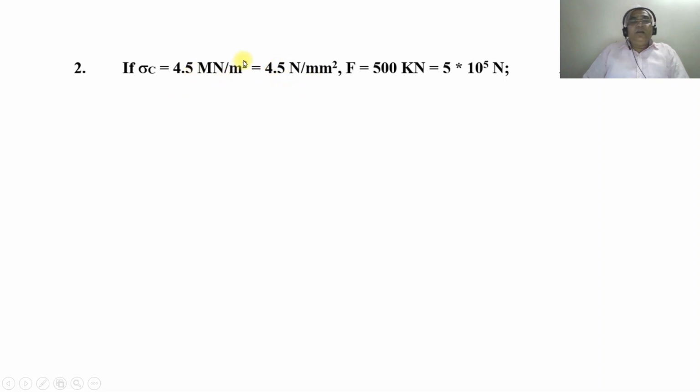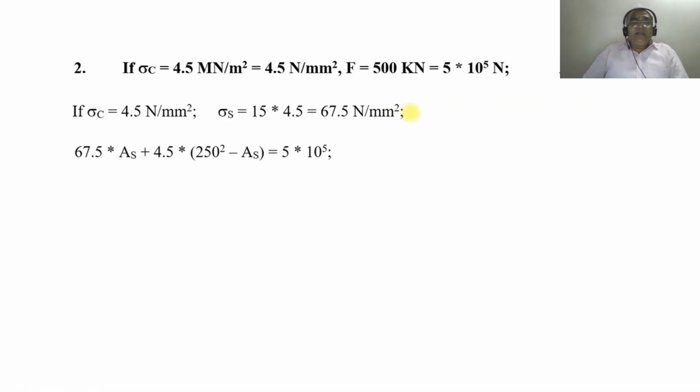The 10 to the power of 6 cancels, so we get 4.5 Newton per mm square. So if sigma C is 4.5 Newton per mm square, sigma S will be equal to 15 into 4.5, which is equal to 67.5 Newton per mm square.